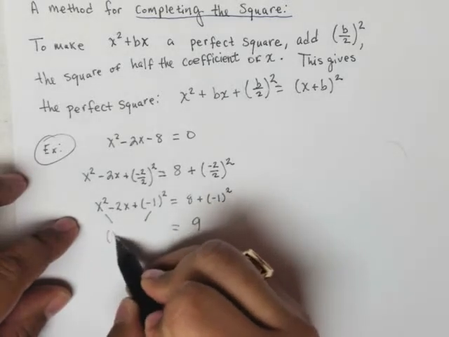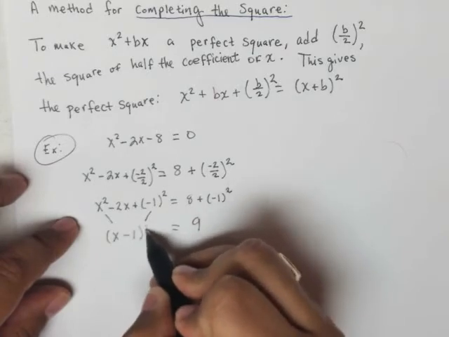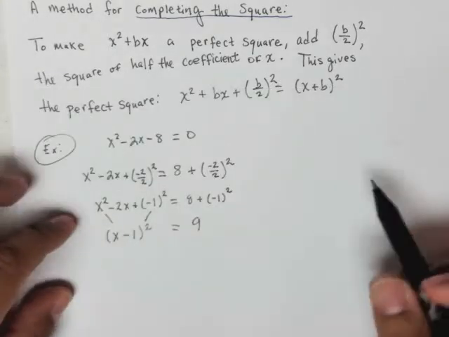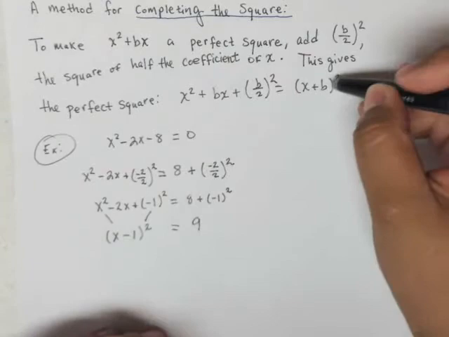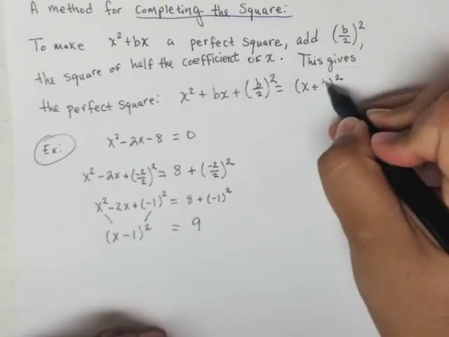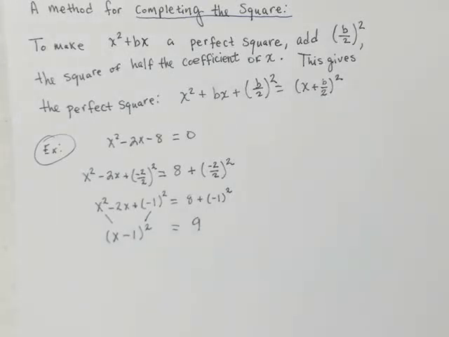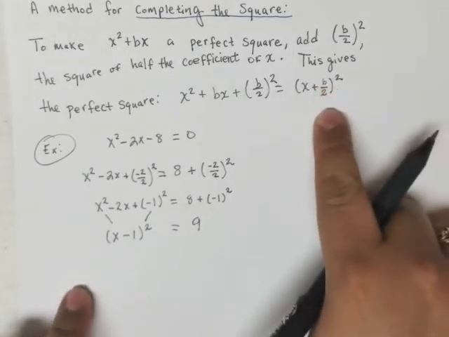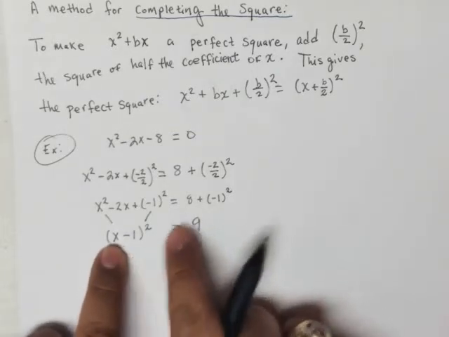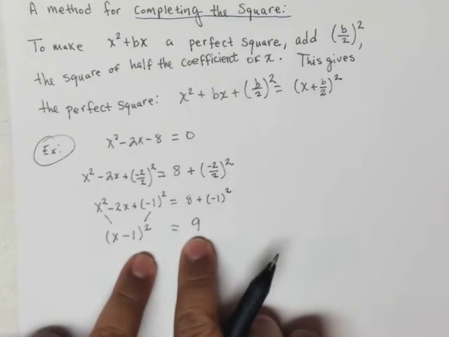We're going to write it as (x minus 1) squared. And this actually is not b right here. Now that I think of it, it is b over 2. So it's actually x plus b over 2 squared. So I can pull it together: (x minus 1) squared equals 9.